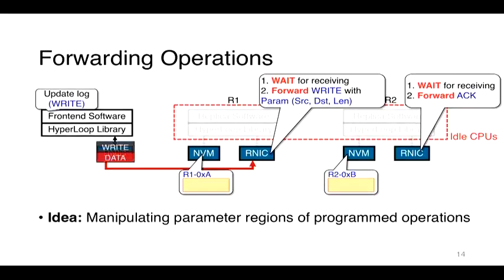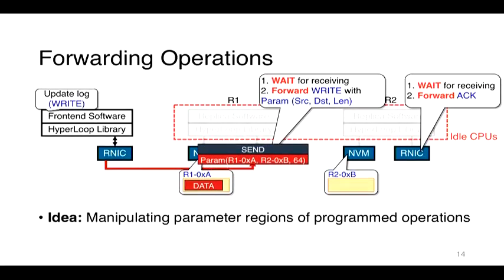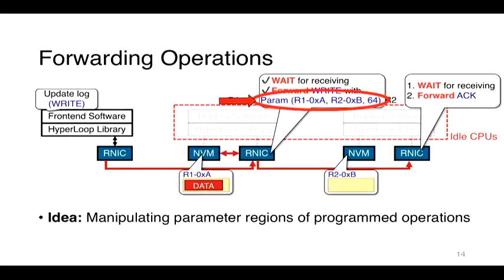To update the log, the front-end server issues a write operation to the first replica. And immediately after this, it will also send parameters for the write operation programmed on the replica's NIC. Upon receiving this, the replica's NIC will update the parameters of the write, as shown in the figure, without involving CPUs.